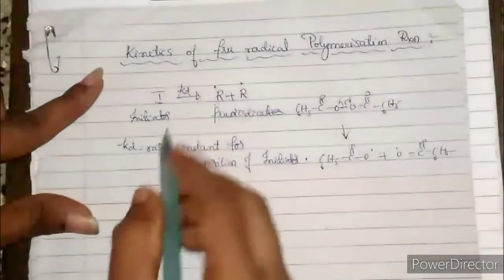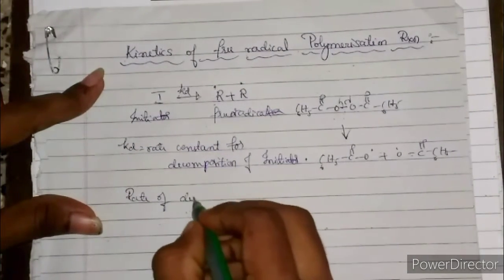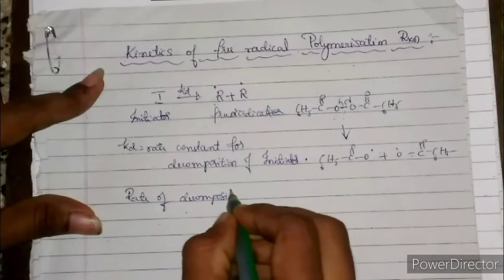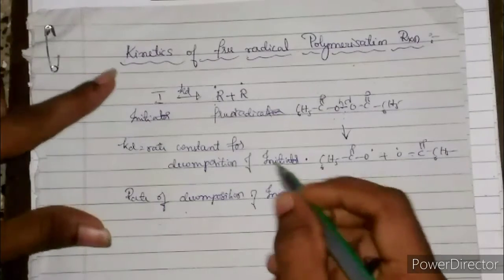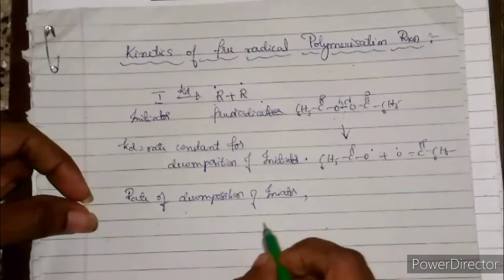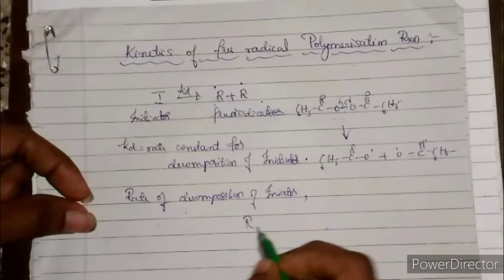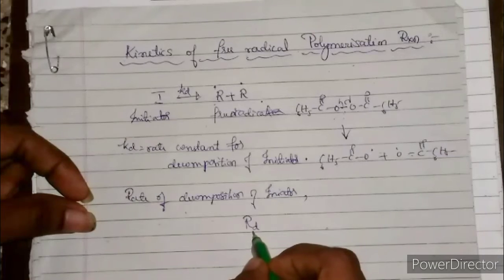Now, the rate of decomposition of the initiator. As soon as we write the reaction, we have to write the rate. The rate I represent by capital R, and since it is a decomposition reaction, I write it as Rd.